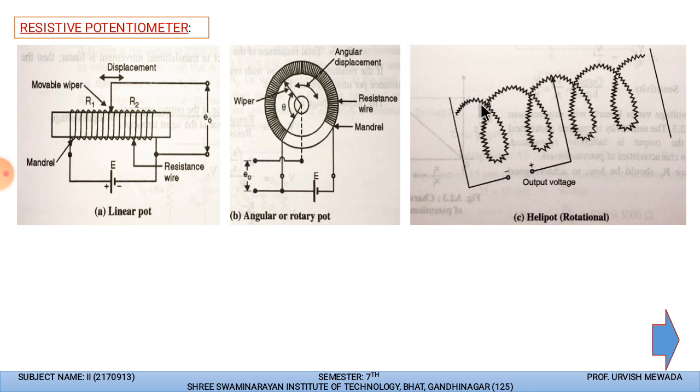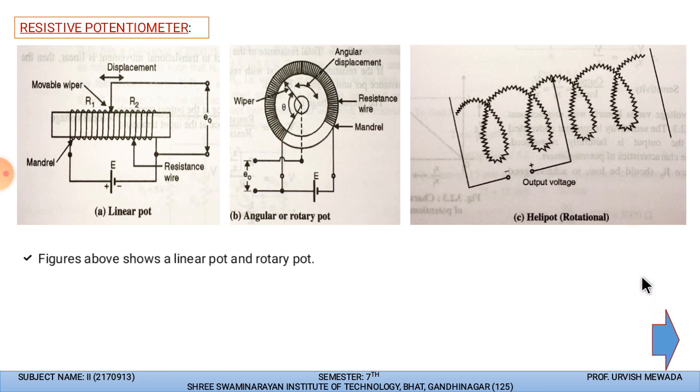There is a moving arm which moves in a helix mode, so we can connect the variable arm with the moving object, and we can observe that movement in terms of the resistance change, in terms of the output voltage or output current.